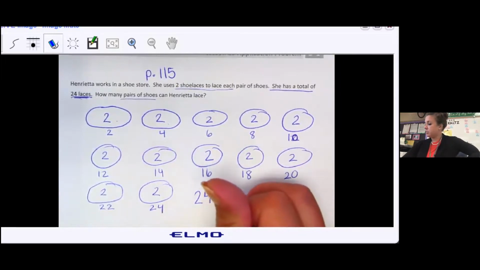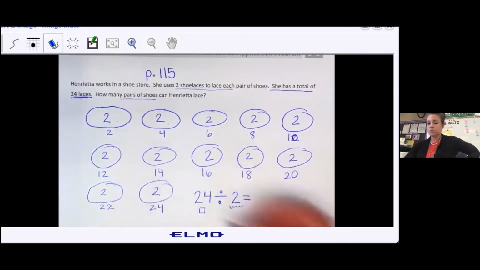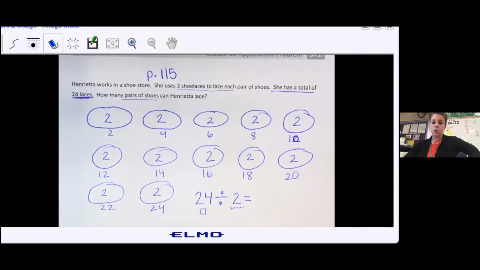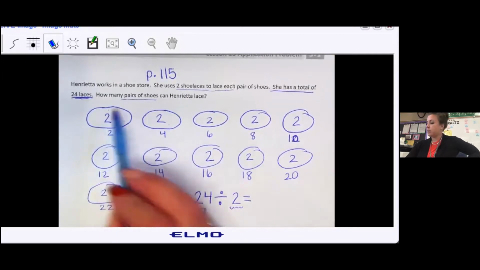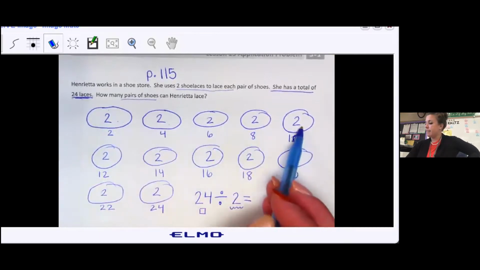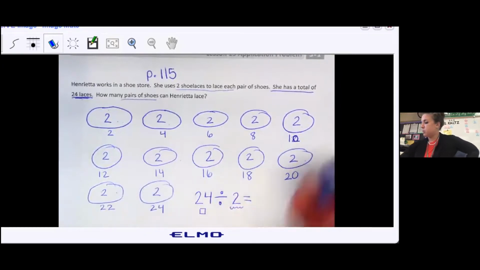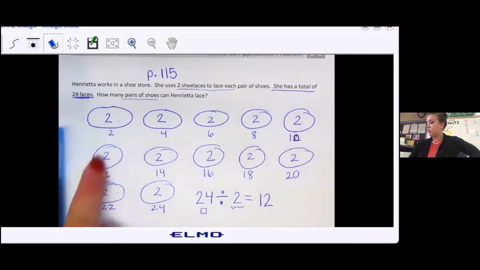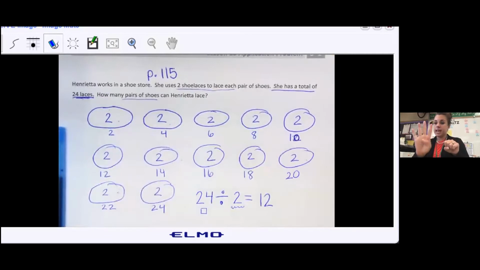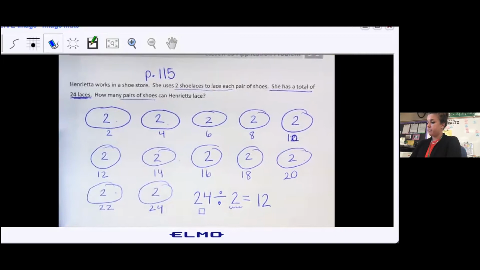You can count by 2, stop when you say 24, or we can just count our circles. 1, 2, 3, 4, 5, 6, 7, 8, 9, 10, 11, 12. Or 2, 4, 6, 8, 10, 12, 14, 16, 18, 20, 22, 24. So I had all 10 fingers, 2 more, that's 12.